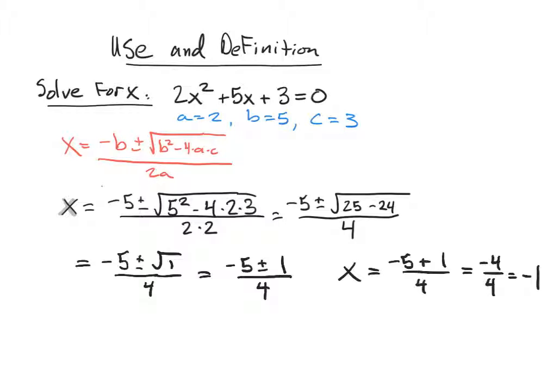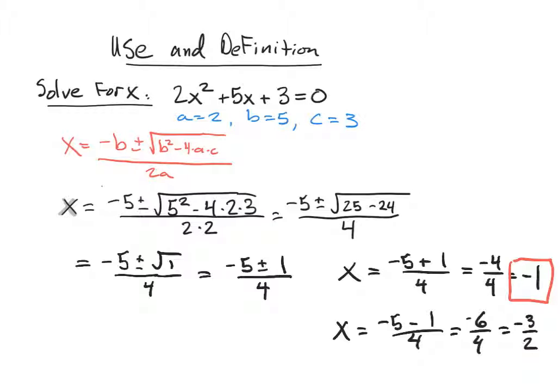That's our first answer. Or x can be equal to negative 5 minus 1 over 4, which is negative 6 over 4, which is negative 3 halves. And that's it. There are our two solutions.